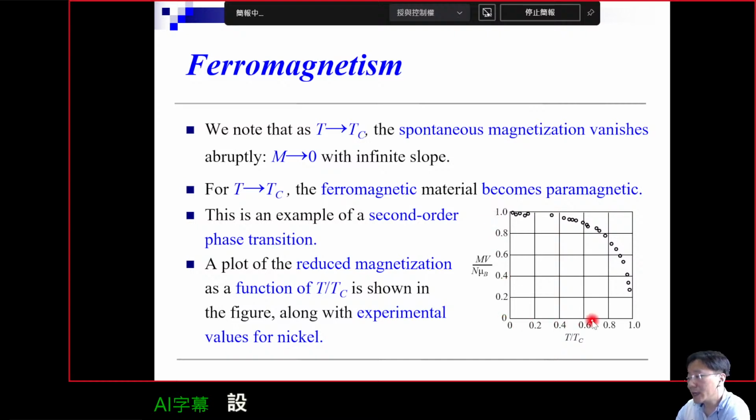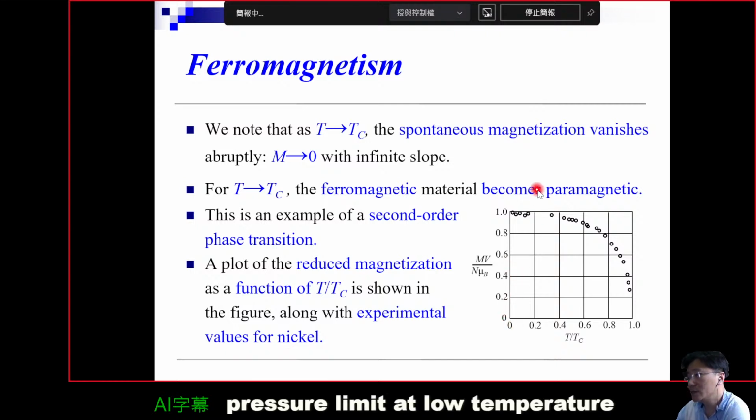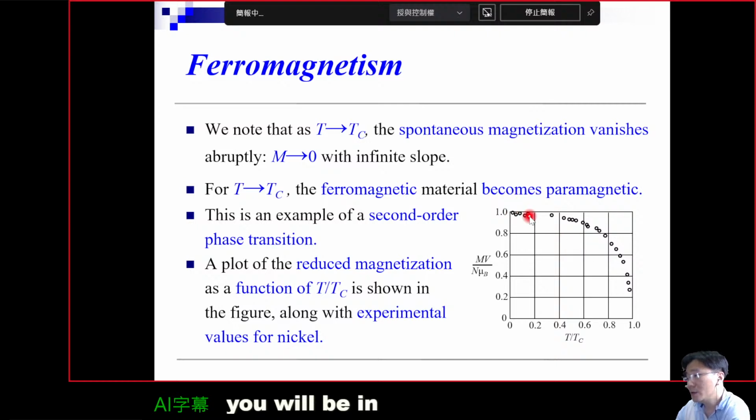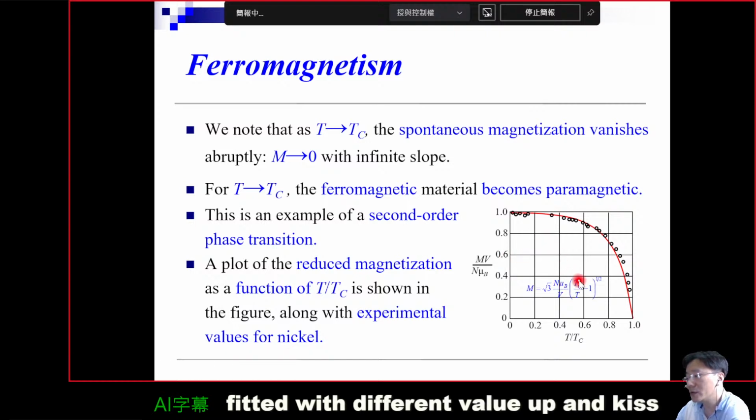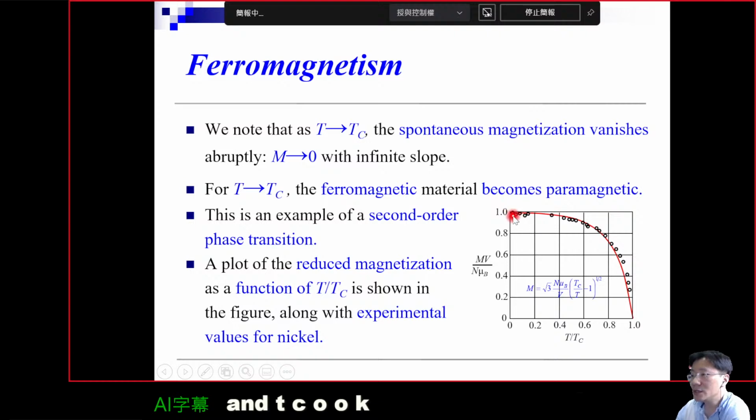So the x-axis is T by Tc and the y-axis is mv by n mu b. When we start to measure the magnetization at low temperature, we will find the mv by n mu b would be in this form, and we can fit it with the theory value and obtain the Tc value. So this is the ferromagnetic behavior at very low temperature.